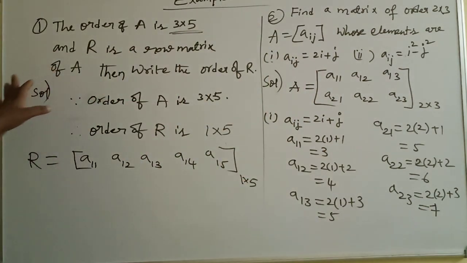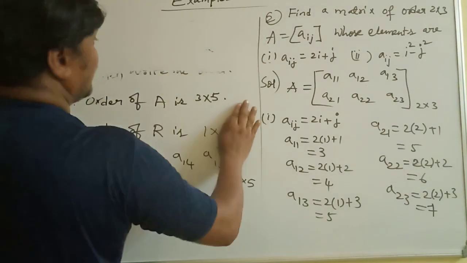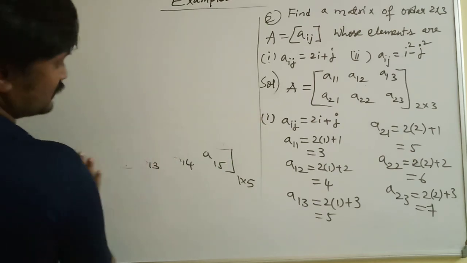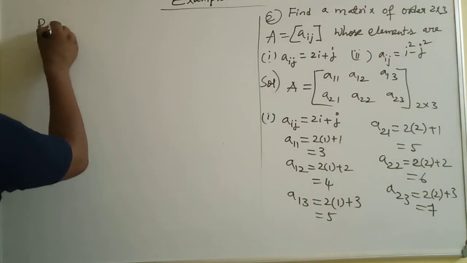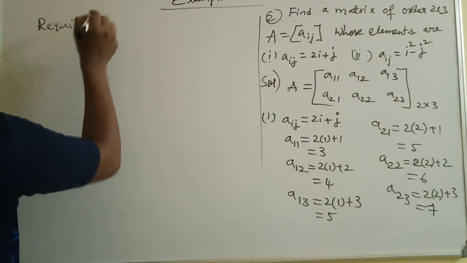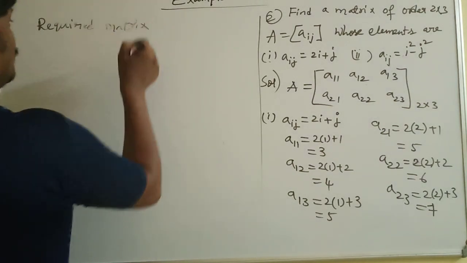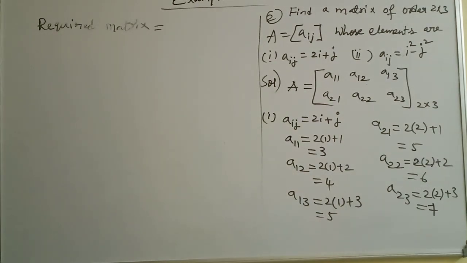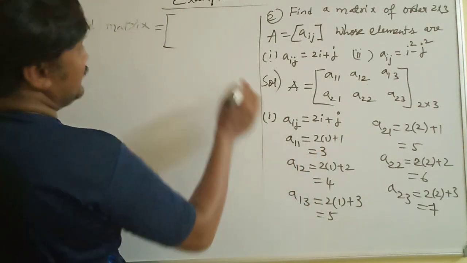Just substitute. I'll erase this part so that it becomes very easy for you all. I'll erase and write this again for you. Here I'll complete that part. So your required matrix now: required matrix is equal to, a11, what is a11 here? 3.